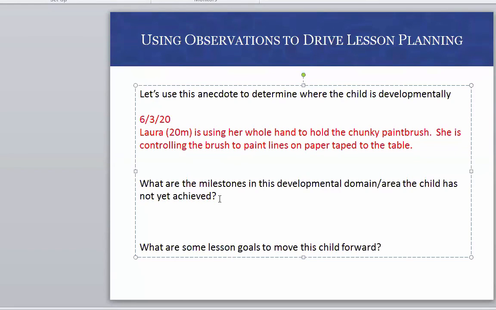So information we've learned based on Little Texans Big Futures. What has she not yet achieved? Sylvia said it already. It's hand coordination.